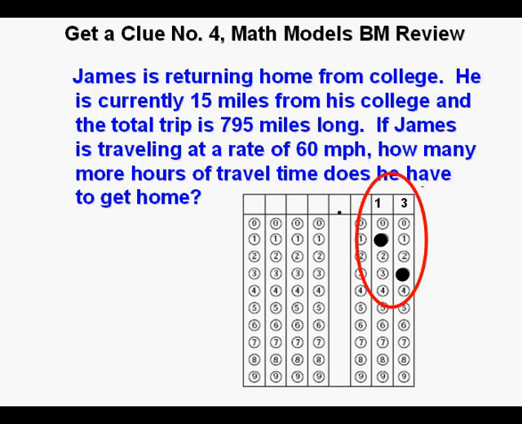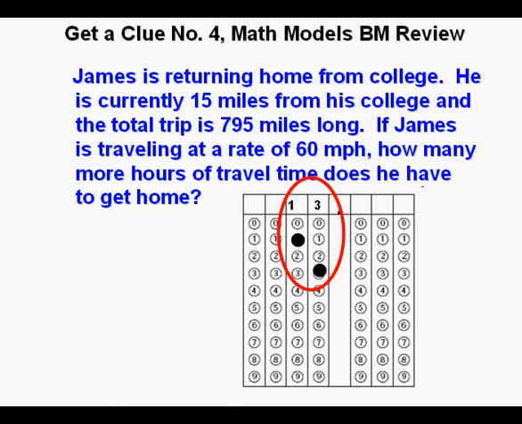The trouble with this particular answer is that the student chose 0.013 hours as the answer and not 13 as intended, meaning that James took 13 thousandths of an hour, or under a minute, for travel time to get home. The correct answer would be marked like this, with the 13 to the left of the decimal point.